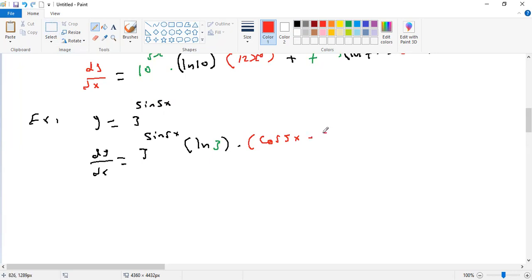Write the 5 before the cosine. Don't multiply by 5x, because it is cosine 5x, times 5. So you have to write 5 before cosine. So this is the derivative. That's all related to the derivative of the exponential function in this video.